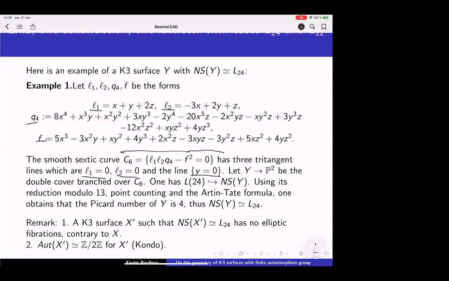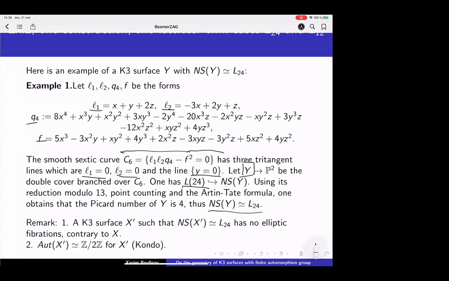When you take the double cover branched over this C6, the pullbacks of the lines create minus 2 curves and generate a Néron-Severi lattice, which is L24. And now you use Weierstrass equations and reduction modulo 13, count the points and use an Artin-Tate formula to obtain that the Picard number is 4, and you conclude that your Néron-Severi group is L24. There is no overlattice in the Néron-Severi group containing L24.